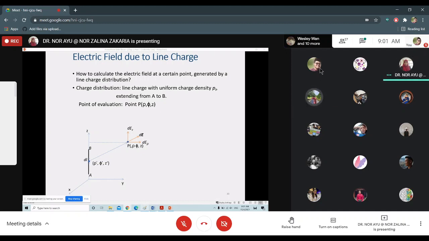Another one? dl equals dz az. Yes. Okay. Please refer back to your coordinate system and look at the dl for the cylinder, so you can find all the dl there.